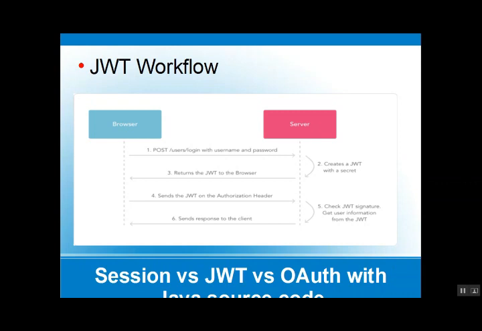For example, if I want the customer list, I will send a request to the server for the customer list, but in the header I have to provide Bearer and then the token information. The server will not entertain your request if the token is not in the request. The server only has to validate the token with its expiry, its issuer date, its claims and so on, and then finally, if everything is valid, it will send the response to the client.